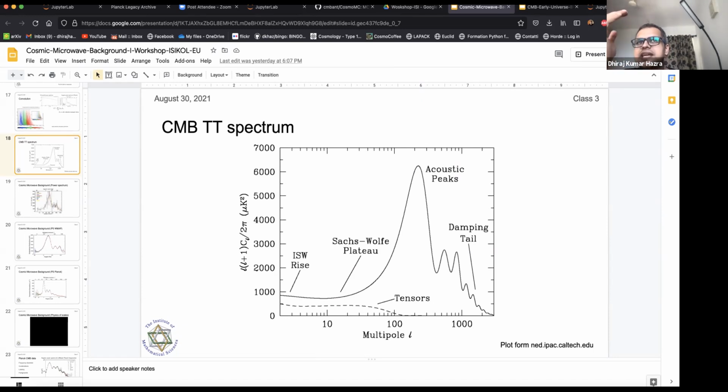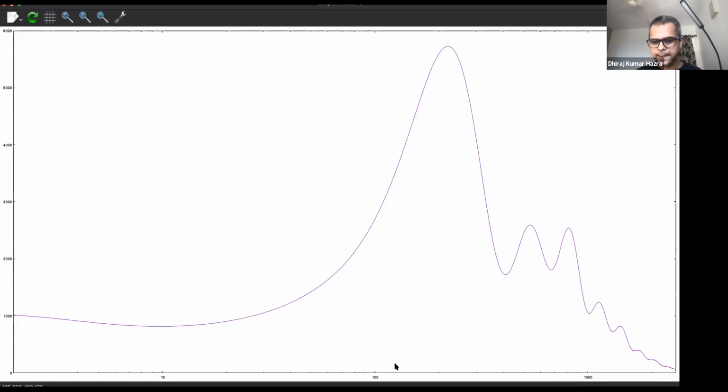That is why at small scales, depending on lambda_D, remember lambda_D is the length scale the photon traverses within a Hubble time at the decoupling epoch, it is exp(-k^2/k_D^2), where k_D is inversely proportional to lambda_D. All right, good. Now let's go back here.